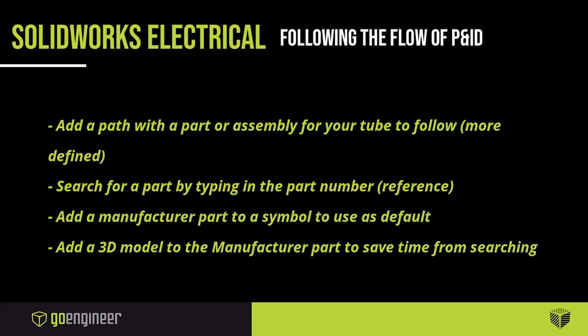I also talked about how when searching for a part, it's easier to type in the part number if you know it, to speed that function up. Then adding a manufacturer's part to a symbol to use as a default, and also adding a 3D model to the manufacturer's part, which will also help to save time when you go to build up your assembly.